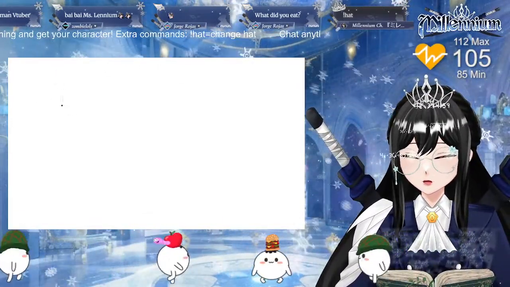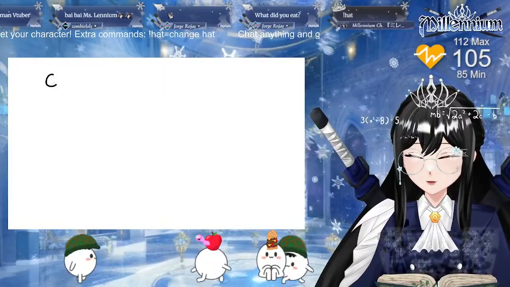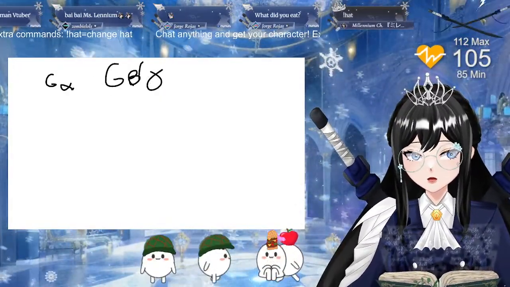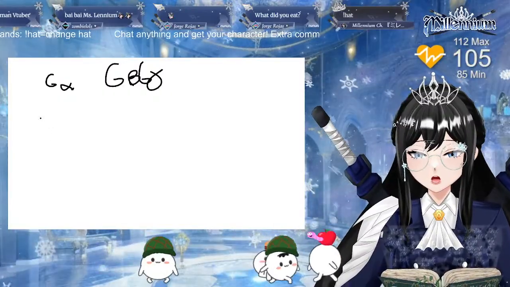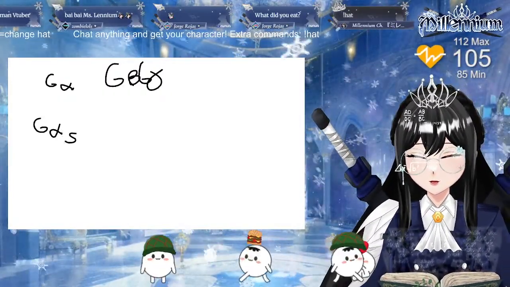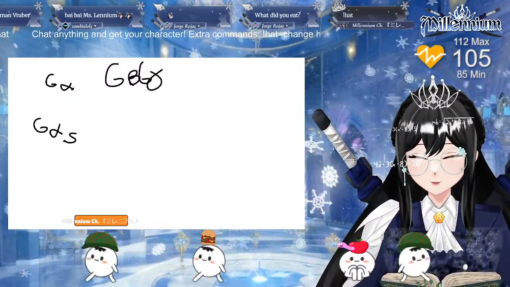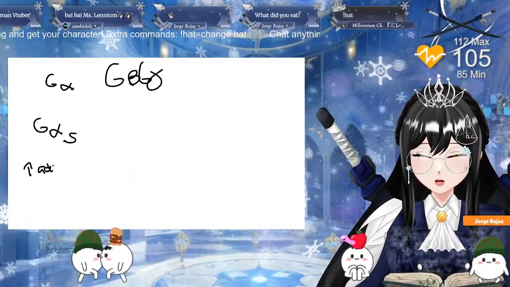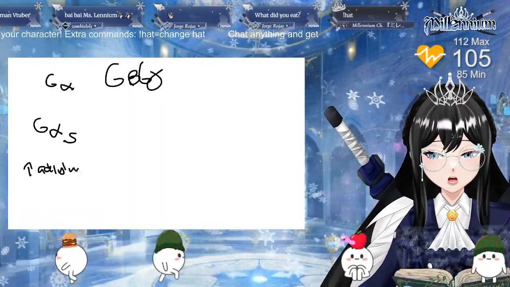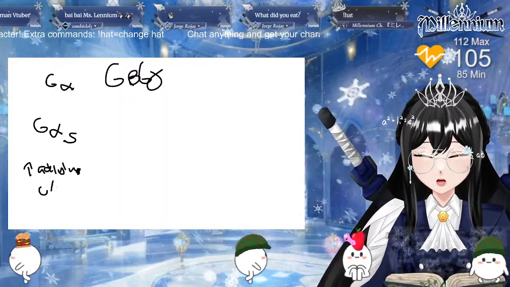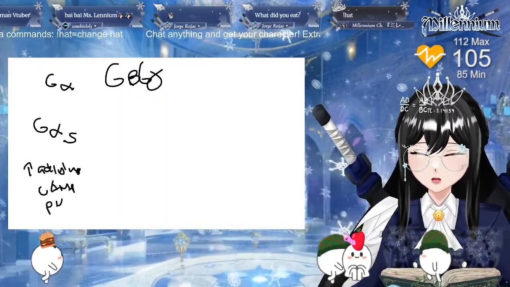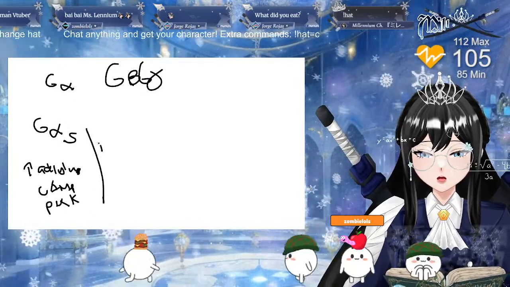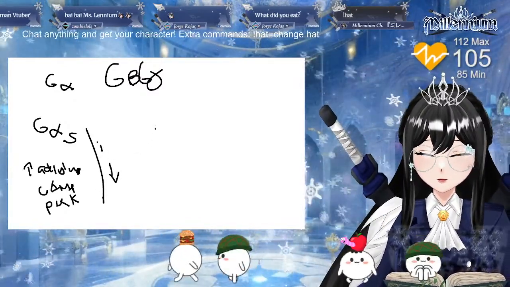The G alpha and beta and gamma would activate different stuff, right? So if it's the G alpha stimulatory, it would increase the adenylyl cyclase, thus increasing cAMP and increasing PKA. But if it's the inhibitory, then of course all of those would go lower.